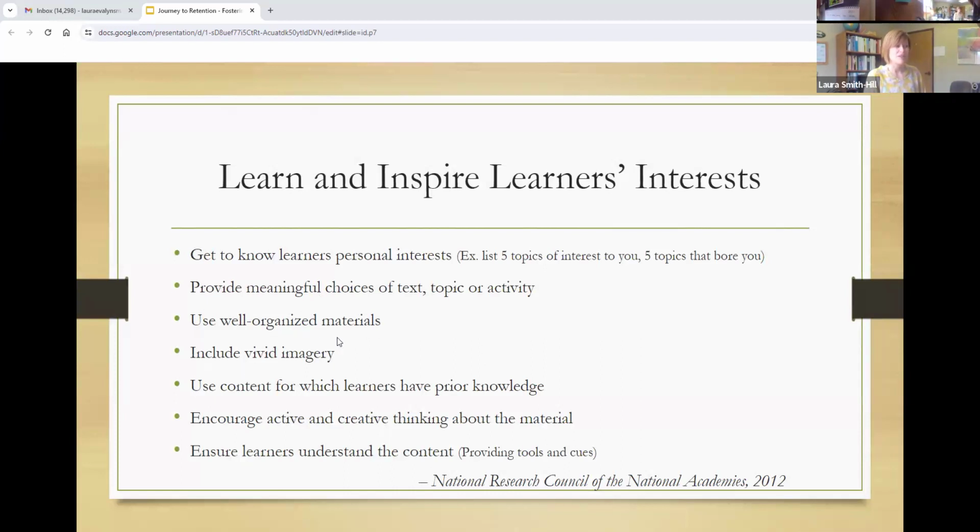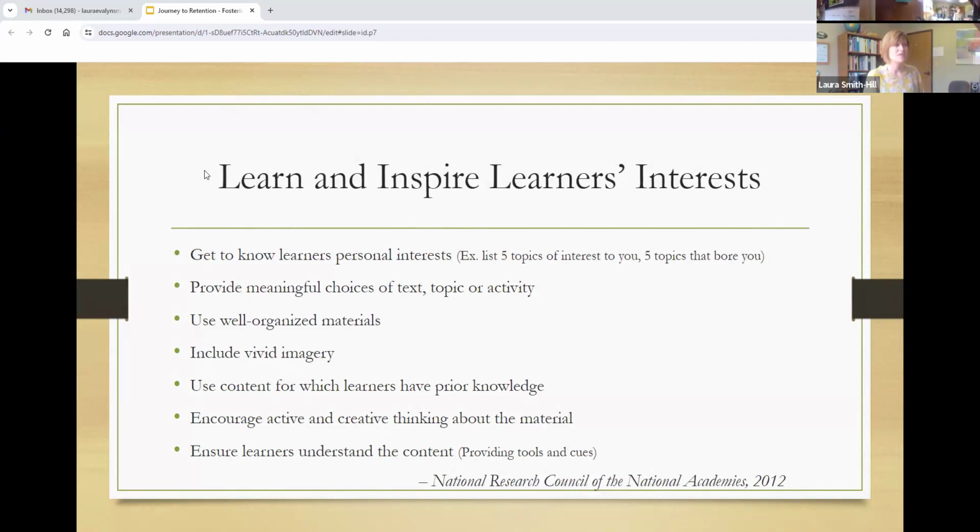And you can see some of the other suggested approaches: well-organized materials, using vivid imagery, using content where the students have some background knowledge, especially helpful in ESL, and encouraging creative thinking, making sure students understand, providing them the supports and tools they need to comprehend it.